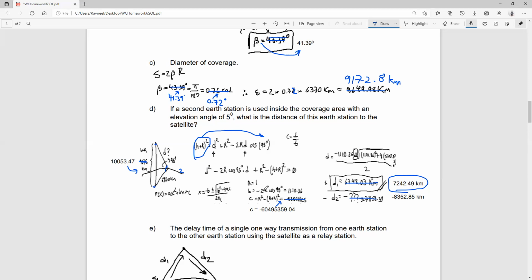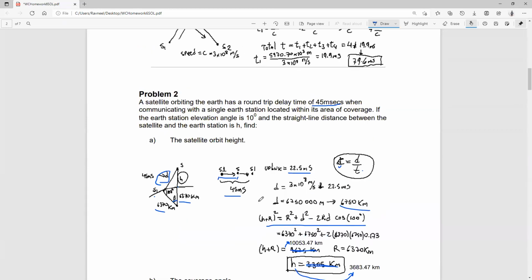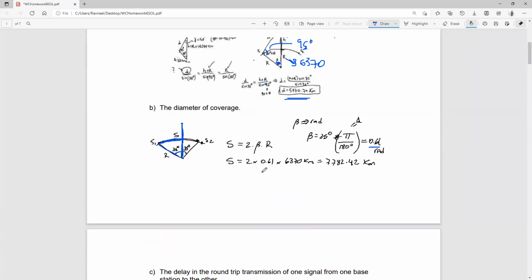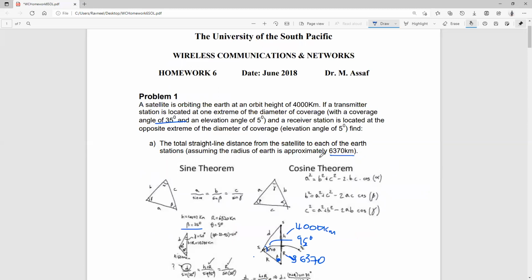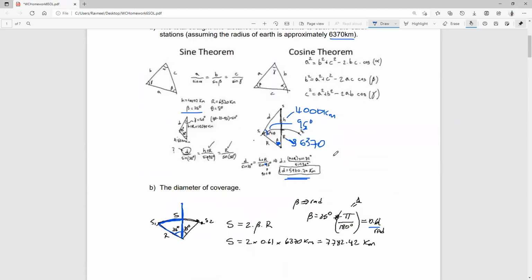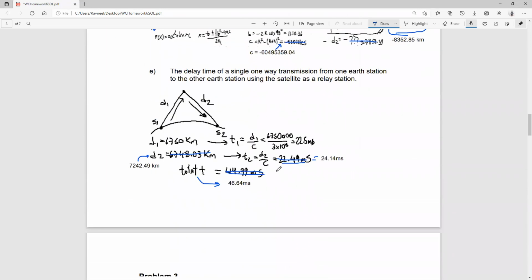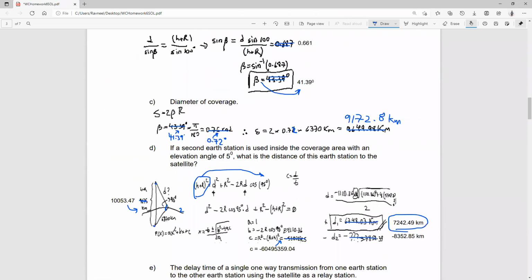The r value is given by 6,370, right? From the previous questions, the radius of the Earth is 6,370. Using that, we can evaluate the coefficient b, which is going to be 1110.36. And the coefficient c, basically the coefficient of d to the power of 0, is going to be this particular part over here.